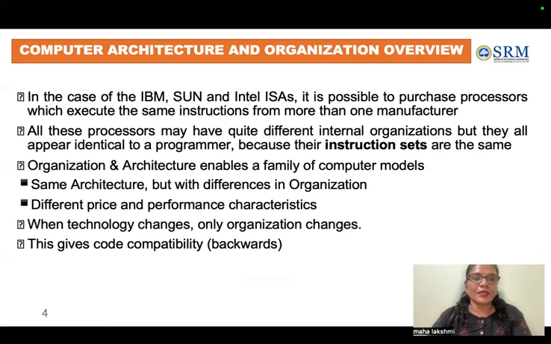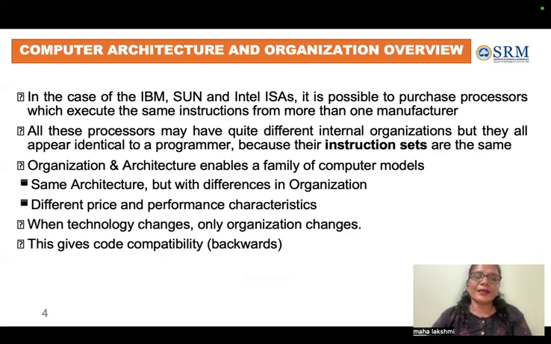In the case of the IBM, Sun, and Intel ISAs, it is possible to purchase processors which execute the same instructions from more than one manufacturer. All these processors may have quite different internal organizations, but they all appear identical to a programmer because their instruction sets are actually the same.